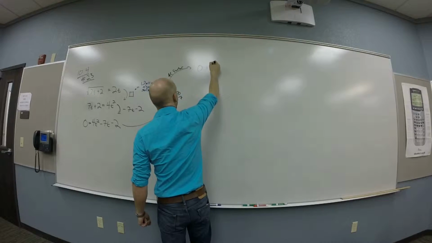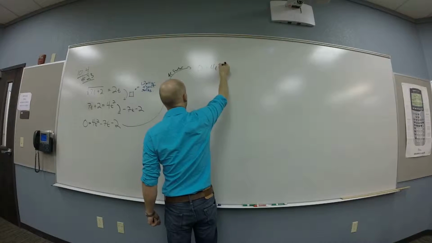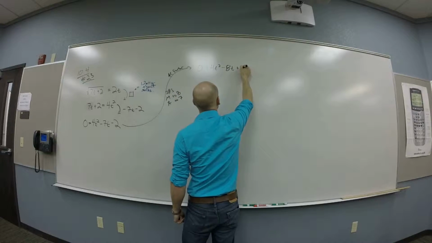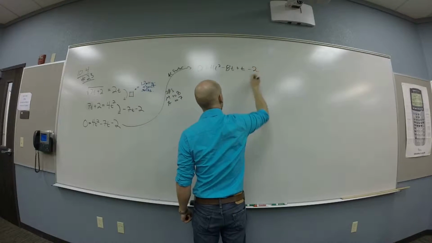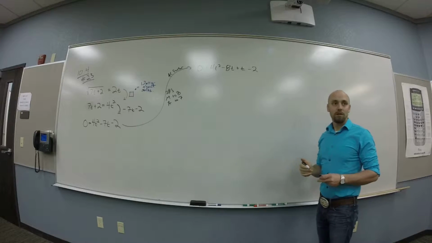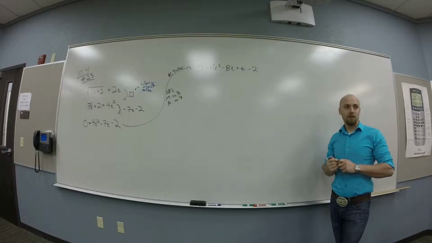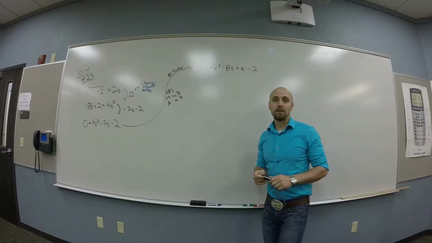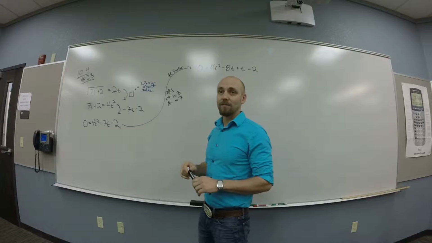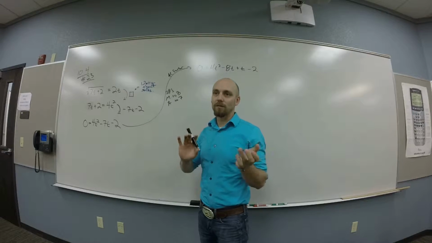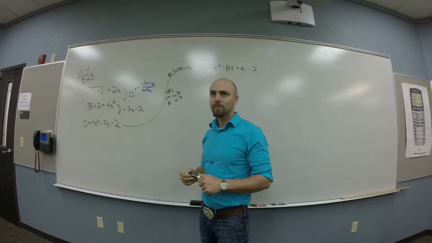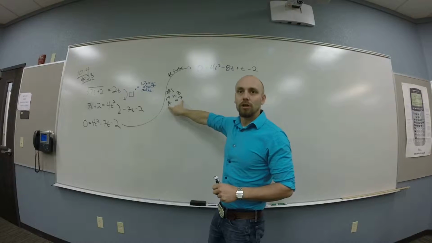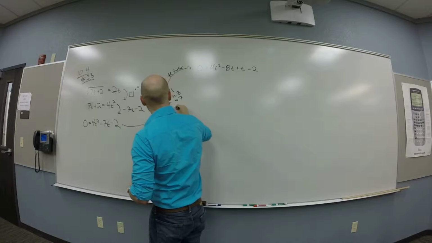So I got 0 is 4t squared minus 8t plus t minus 2. At this stage, I'm not worried about signage. I got my 1 and 8.